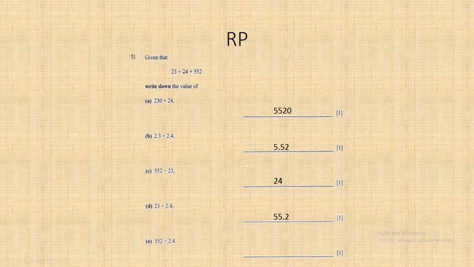But if I make this number smaller, like 2.4, it means that I will make the answer bigger. So I will add a 0 to the answer, so it's going to be 230. Because when you move to the left, it means that you divide by 10. So in the answer, I will multiply by 10. And multiplying by 10, I'm adding a 0. So the answer here is going to be 230.